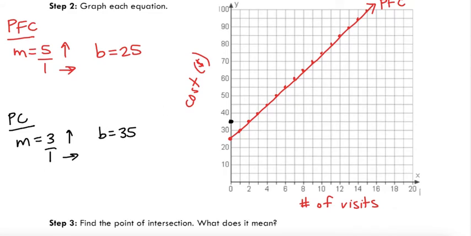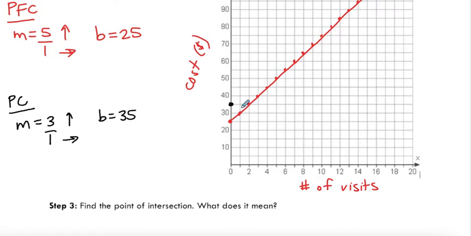One way to get around this is, if I'm looking at my scale, I want to try to get my slope in terms of 5. Remember when we talked about equivalent fractions? This is going to come into play here. I want to write a slope that's a multiple of 5. I can do that by taking my slope and multiplying it by a constant.